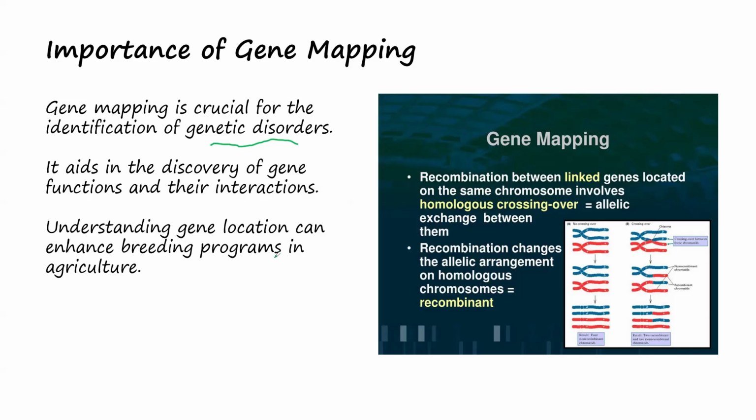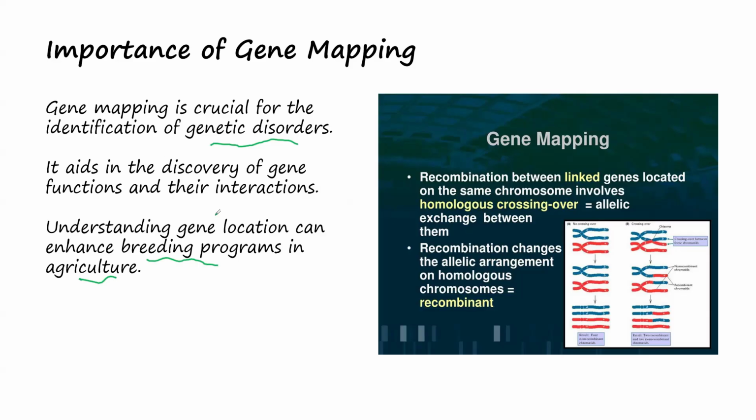So understanding gene location can enhance breeding programs in agriculture. We have so many crops and agricultural products, some of which are affected by pests, some by stress. So the knowledge of gene mapping can help scientists improve breeding programs so that you can have agricultural products of high quality as well as the desired yield.